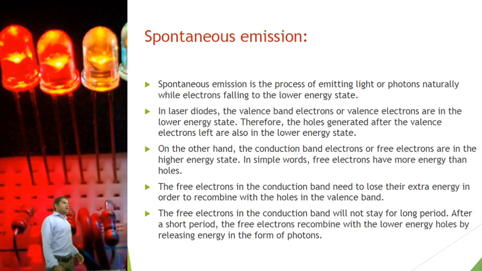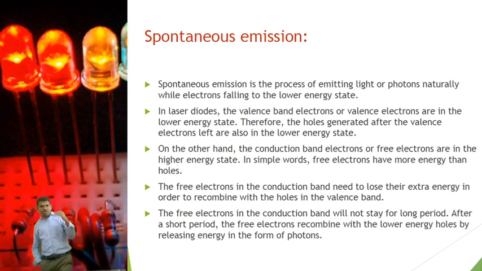When the electrons move from the lower level to the higher level, they do not stay there for long, only a short time, then they fall down to the lower energy level. When falling down, they emit energy in the form of photons, h mu, which is nothing but light.